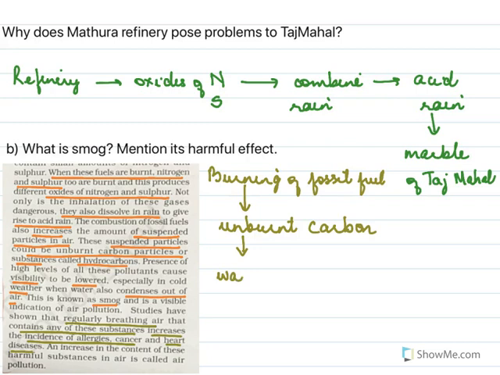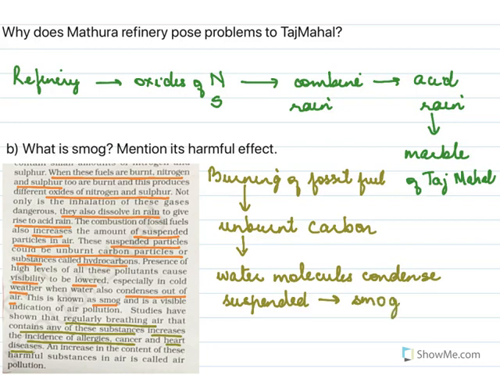Next, the water molecules condense around the suspended particles and form smog. Smog lowers visibility. And breathing of such air can also cause diseases like cancer, allergies, and heart diseases.